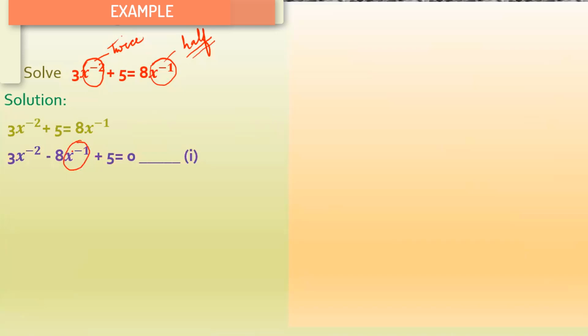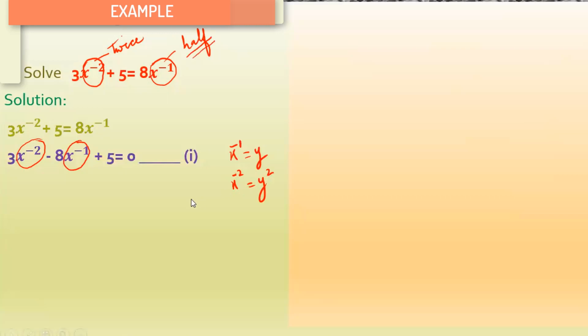We will suppose x raised to the power minus 1 as y. x raised to the power minus 1 is equal to y. So this is twice of x raised to the power minus 1, which means this should be y square.